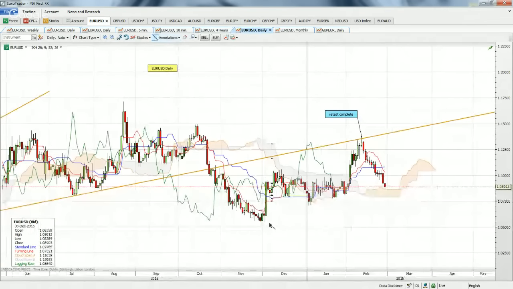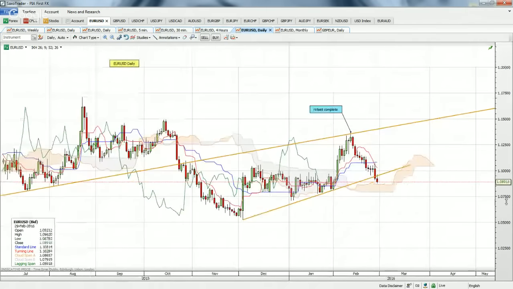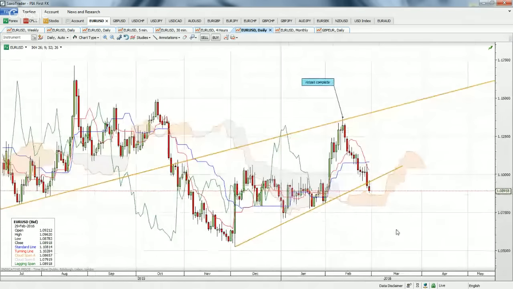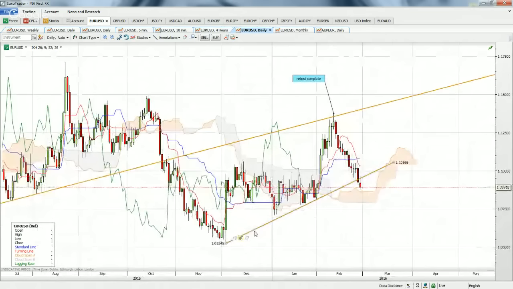I think this currency pair out of all of them at the moment is probably the hardest to analyze, because what we've seen is a breakout of this trend and a retouch, if you like.